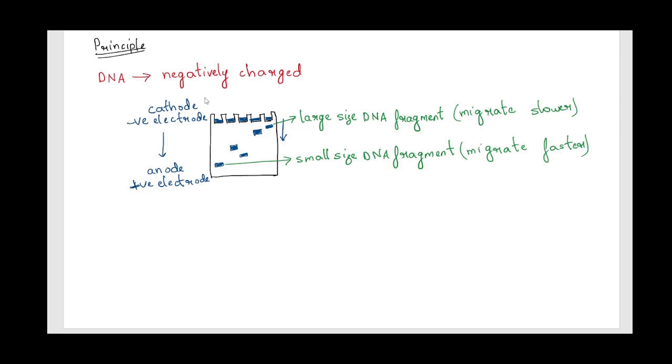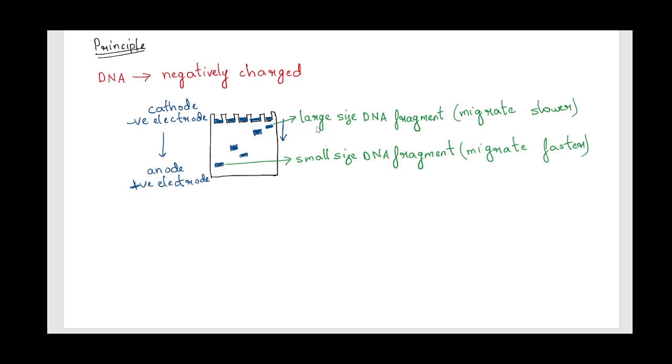Now let's see the principle on which this technique is based on. As we know that DNA is negatively charged, if it is kept in an electric field, it will migrate from a negative electrode to the positive electrode. So the DNA molecules which are smaller in size migrate faster and move towards positive electrode faster.